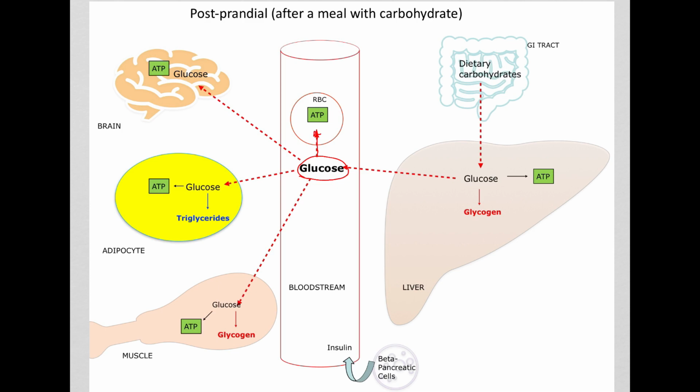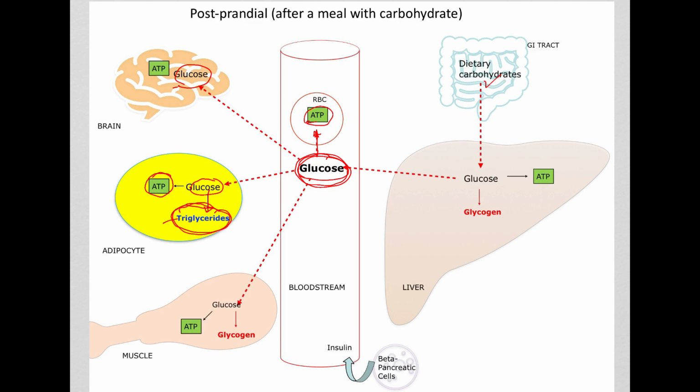In the bloodstream, the red blood cells can use the glucose that you got from your diet to generate ATP. In the brain, the glucose again can be used to generate ATP. And since this glucose is coming from your carbohydrate diet, there is enough glucose for the adipocytes, the adipose tissue, to generate ATP. The adipose tissue will also take some of its glucose and make it into fatty acids and then eventually into triglycerides.